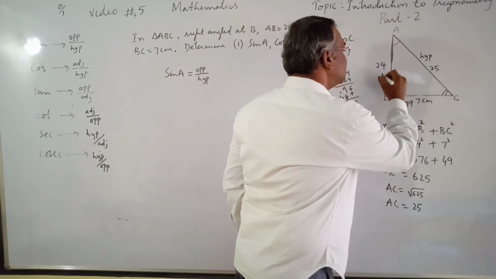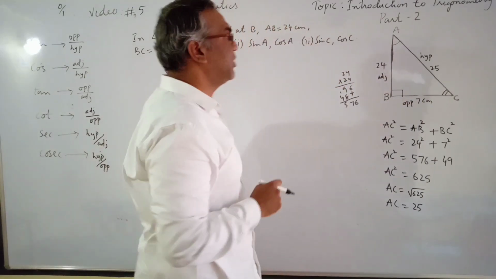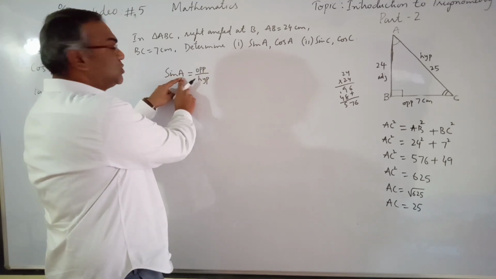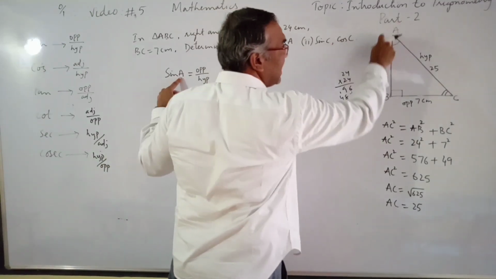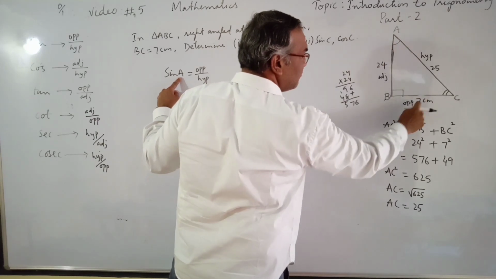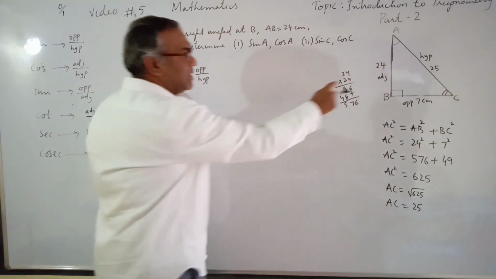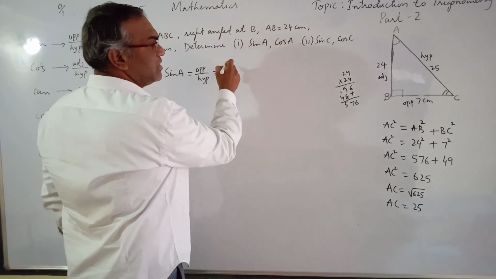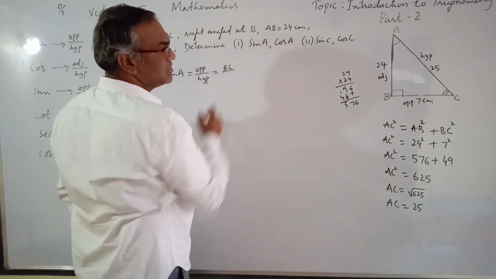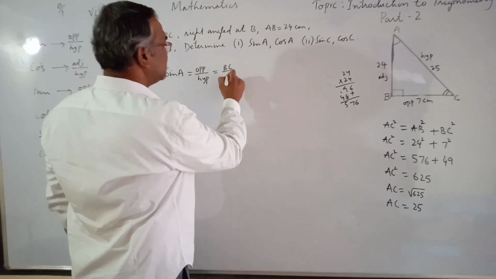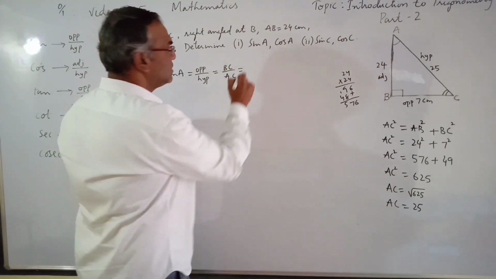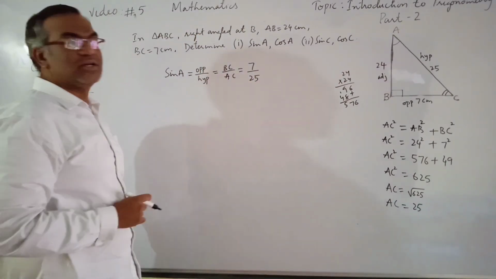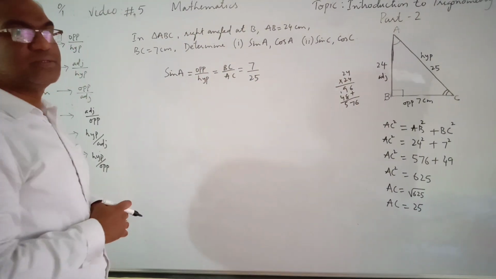So this will be adjacent. This is important. We are taking angle A with the trigonometric ratio. So the side which is opposite to angle A will be opposite, and the remaining side will be adjacent. So opposite here is BC divided by hypotenuse AC. So that will be 7 divided by 25. This is the value of sine A.